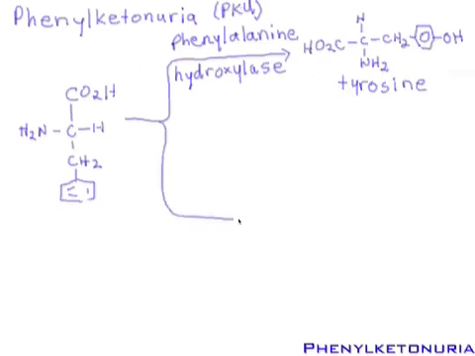So in the PKU victim, we get phenylpyruvic acid, which means HO2C. Instead of having an H and an NH2, we get a double bond O here, and you don't get the OH on the ring.